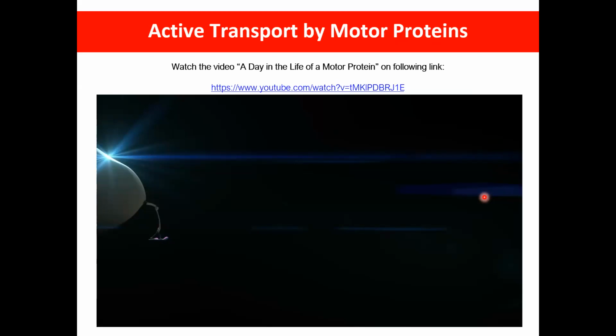I would also like to tell you that this animation is based on most of the scientific facts which are known about motor proteins, because I also work in a similar area. So let's watch this movie and then I will talk about it. All right.